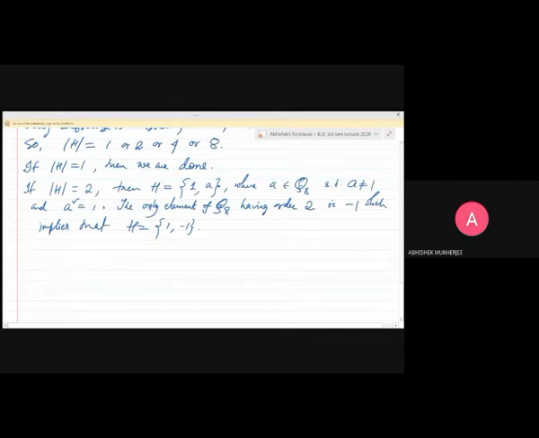Now, for any element x belonging to Q8, x is any element of Q8.